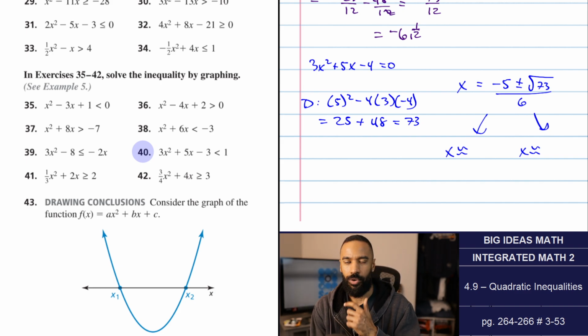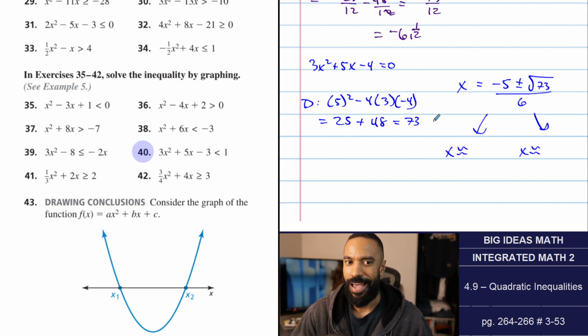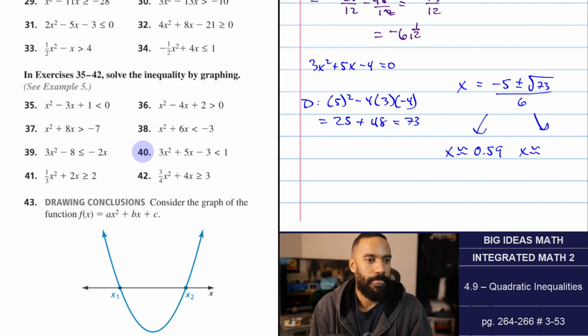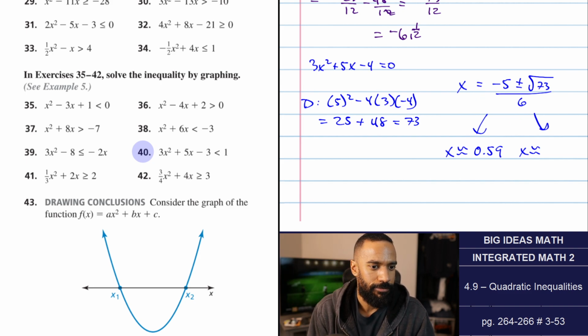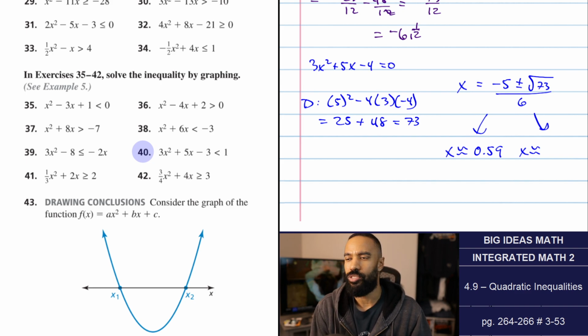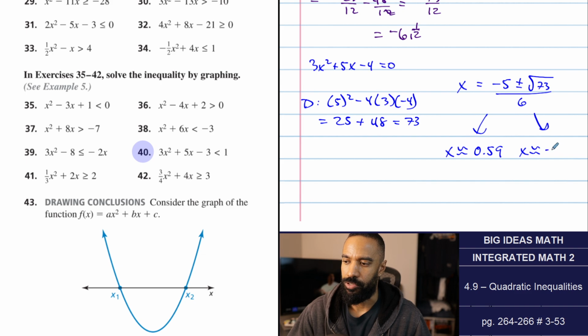So this is the positive one. It's 0.59. So I was close. And then the other one, negative 5 minus root 73, and then divided by 6. At least I think my graph is right then. Negative 2.26. Well, that's pretty close.